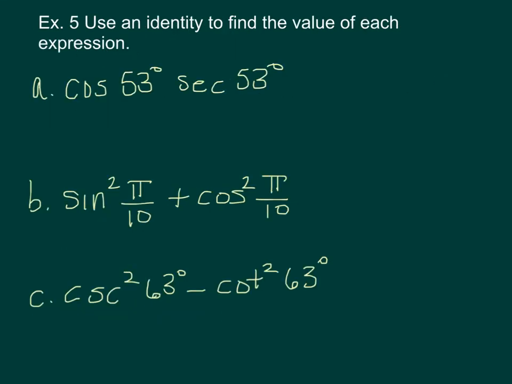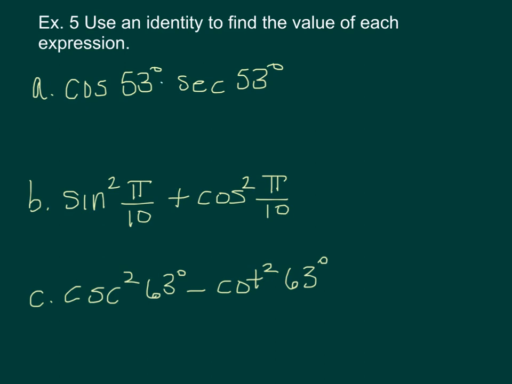Okay, finally, we're going to use our identities to find the value of each expression. Each of these expressions is going to give you a value or a number. So look at your identities and see what we can use to help us. For A, I have cosine of 53 times secant of 53.